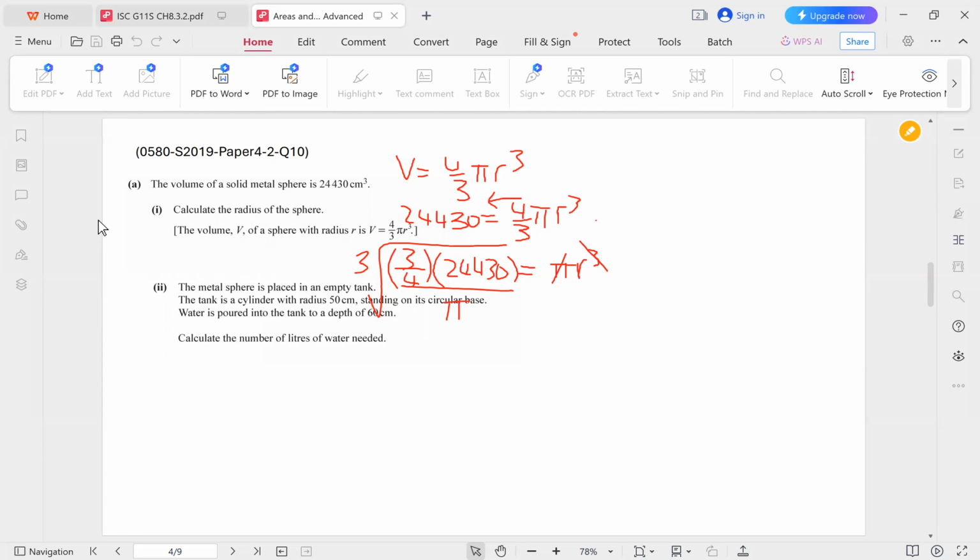You can just open brackets and write 3 divided by 4 and then close the brackets in the numerator. And then multiply by 24,430. And in the denominator, you have pi. And the calculator immediately finds r. R is 18.000 something, so it's just 18 centimeters.